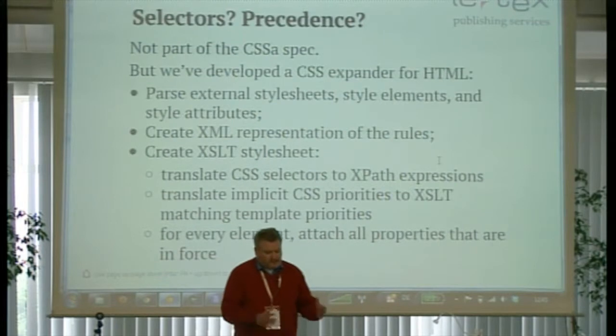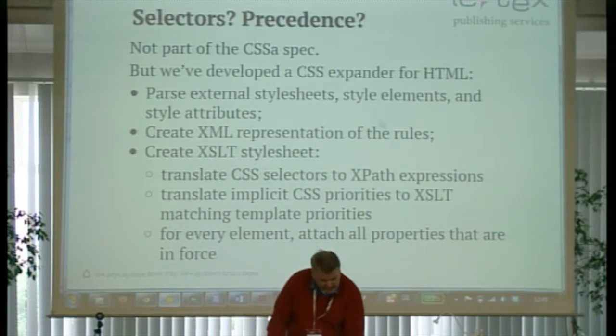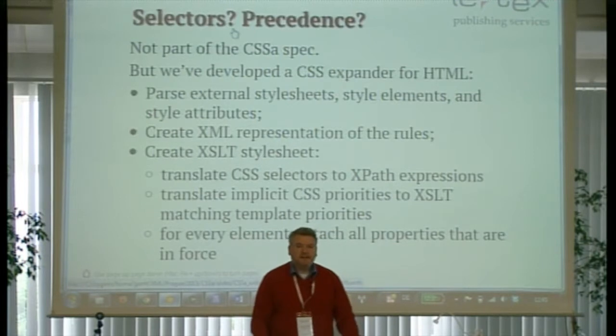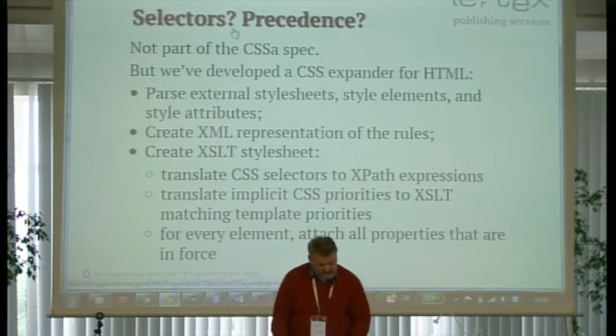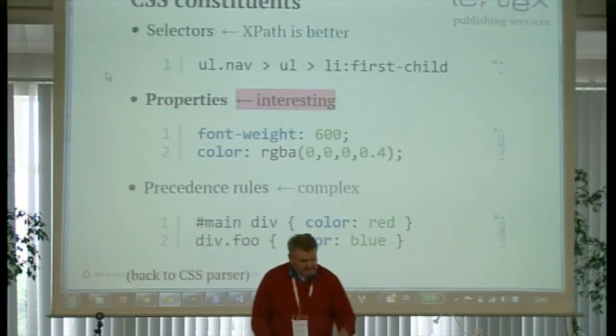So we saw that we map CSS properties to CSSa attributes. What about CSS selectors and the cascade, the precedence information? CSS has three major components, selectors.